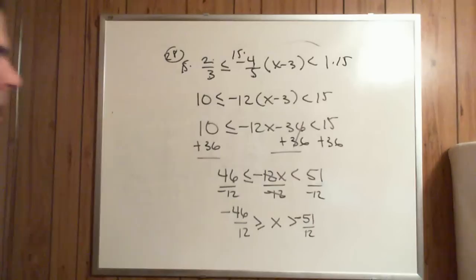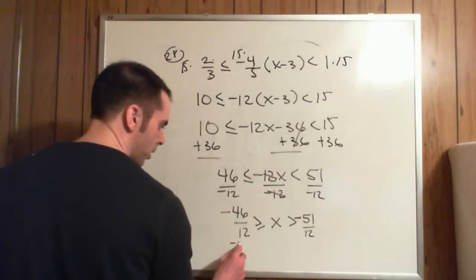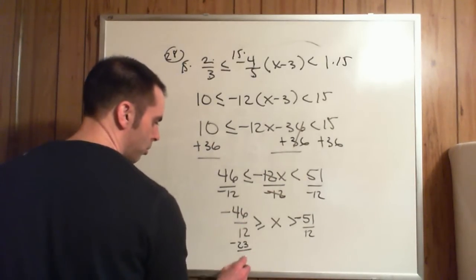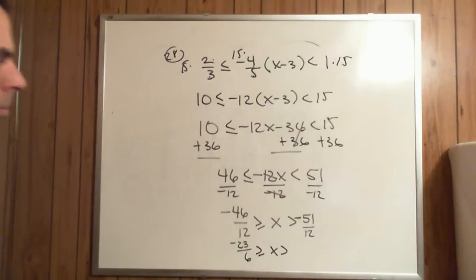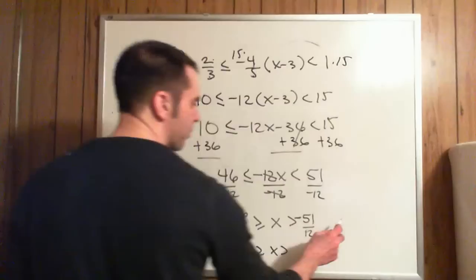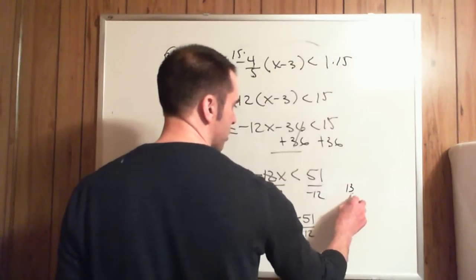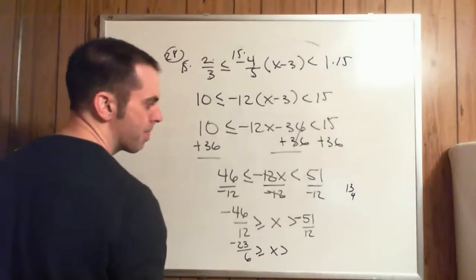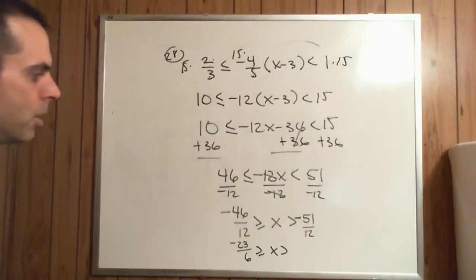Okay. It does reduce down. 2 goes into here 23 times, and 2 goes into here 6. And what is this here? 4 goes into here 13 times, correct? 51, that's 52, I'm thinking. That's prime.